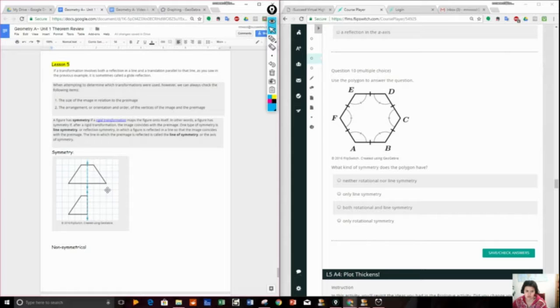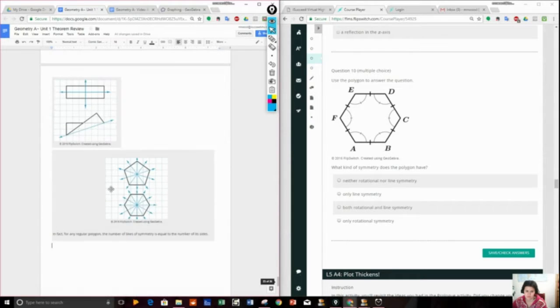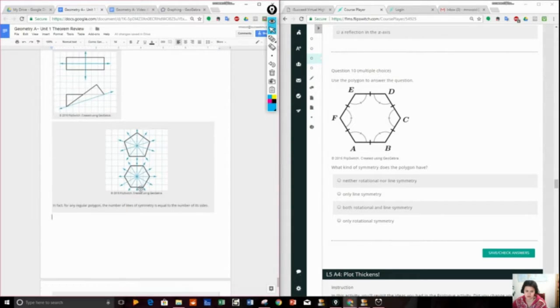That's symmetrical, not symmetrical. It says, in fact, for any regular polygon, the number of lines of symmetry is equal to the number of its sides. So this has 1, 2, 3, 4, 5, 6 sides, so that means it's going to have 6 lines of symmetry, and it is through each of the vertices.